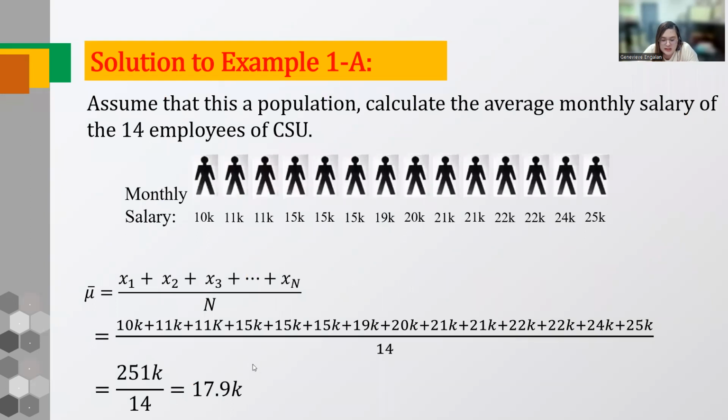As you can see, this 17.9K is okay to represent our data, since the values are close to it. In the formula, we have x sub 1 plus x sub 2 plus x sub 3 up to x sub n, meaning the first value, second value, until the very last value. So our n is 14.